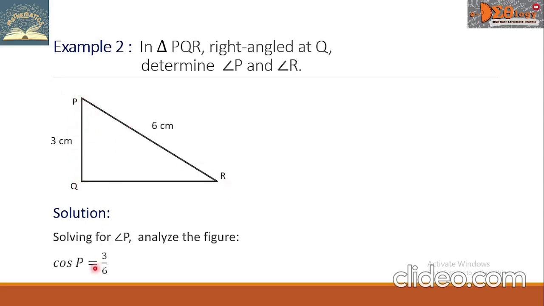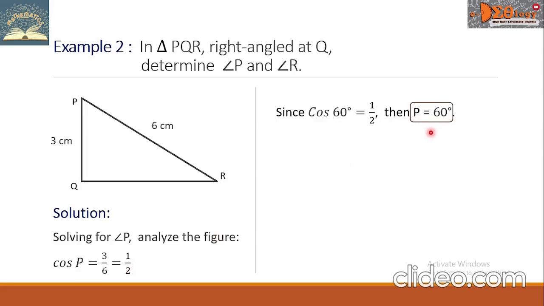So we write cosine P equals 3/6, which we simplify as 1/2. We know that cosine 60 degrees equals 1/2, and cosine P equals 1/2. Therefore, P equals 60 degrees.